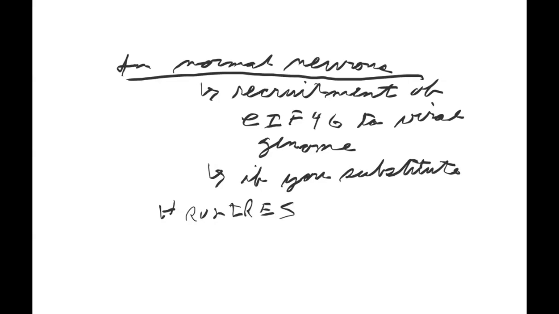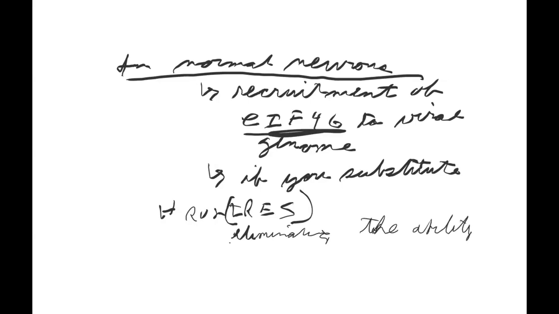If you substitute this region, you're breaking this connection, so you're eliminating the ability of EIF4G recruitment.